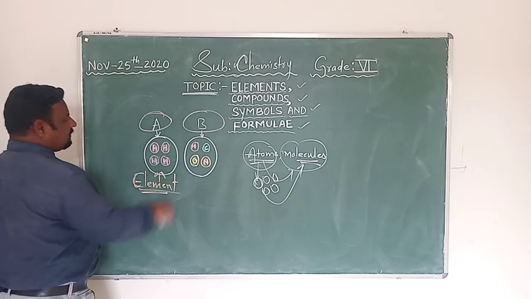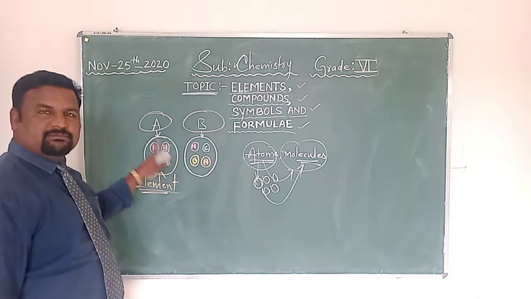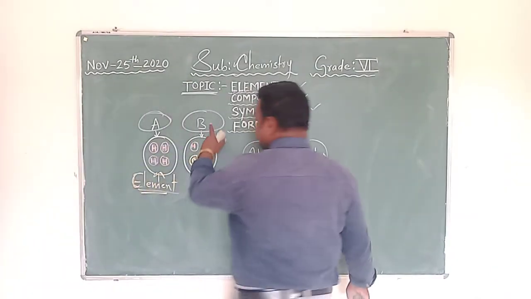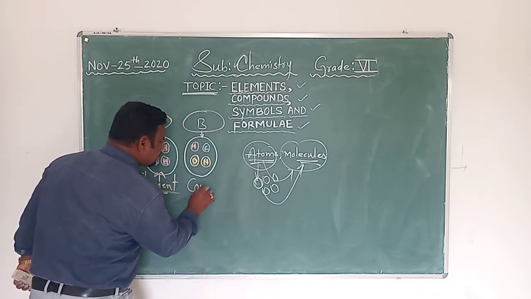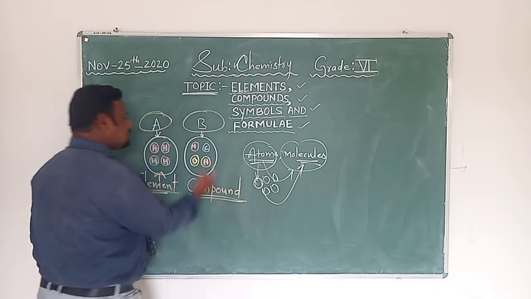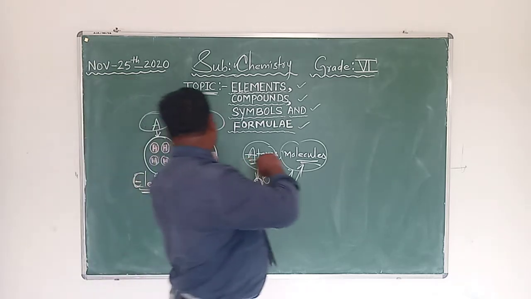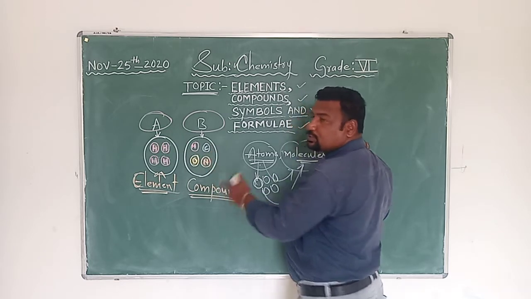This is an example of an element, a molecule composed of the same atoms. And molecule B we call a compound, because it is made of different atoms, two or more.